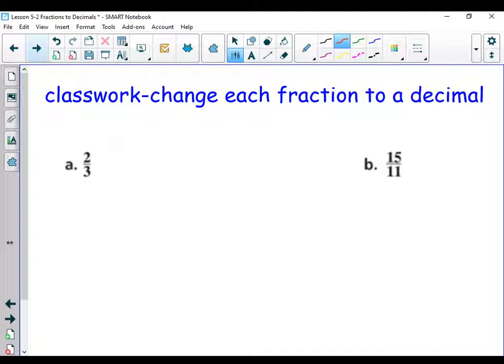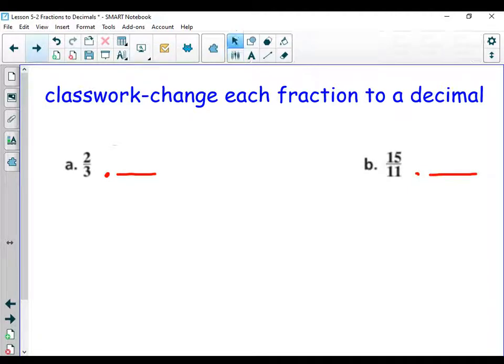Next ones. Pause and go. Some people might have 2/3 in the just know it strategy.